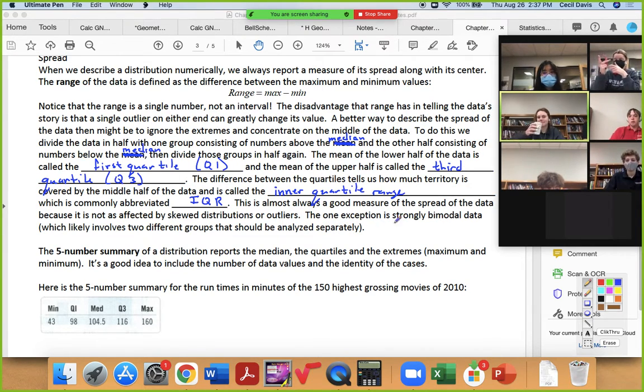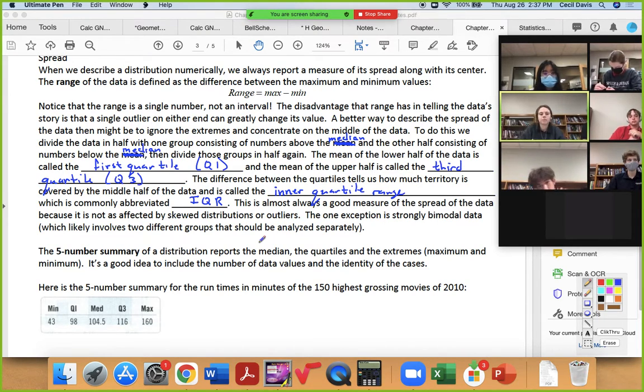So the one exception to using this is if you have strongly bimodal data. Most of the time when you have strongly bimodal data, you probably have two different groups, and they should have been analyzed separately.